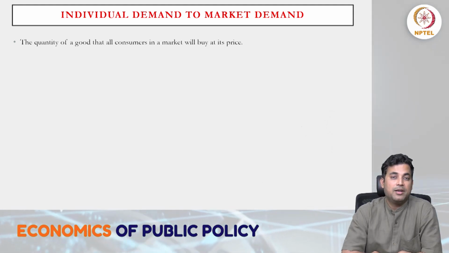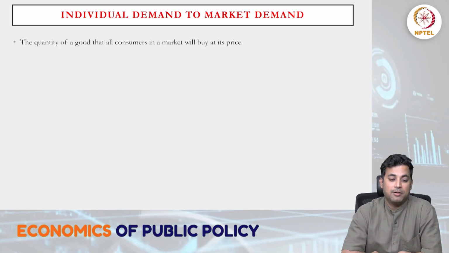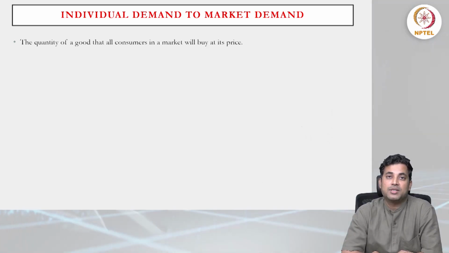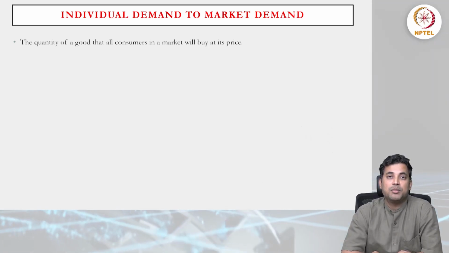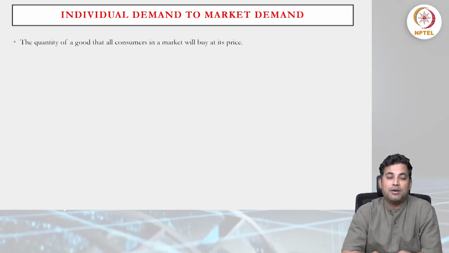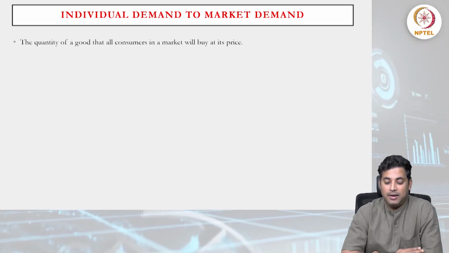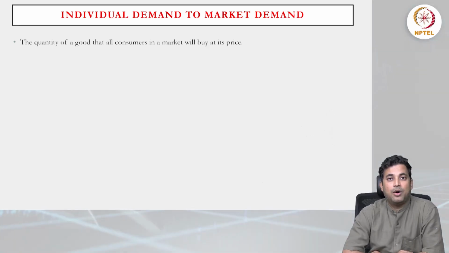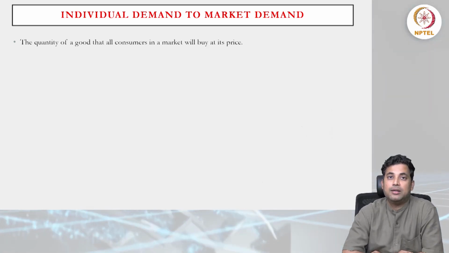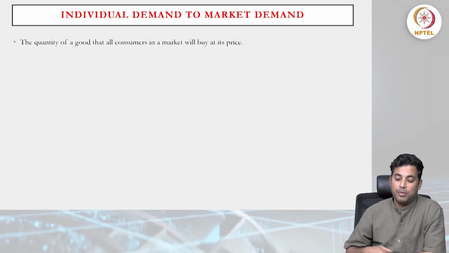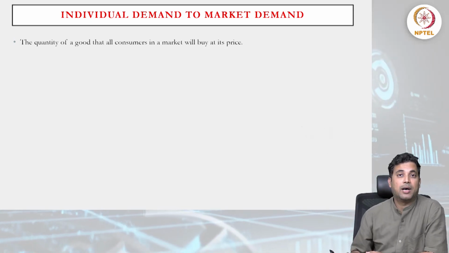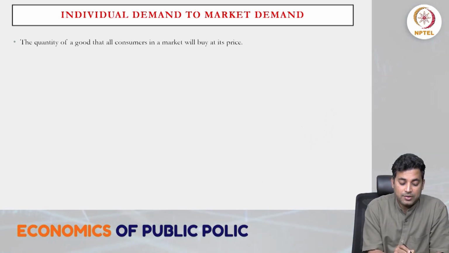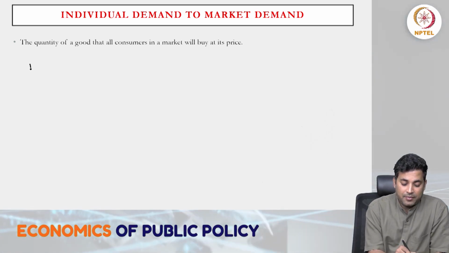We have already discussed the individual demand curve, and if we assume that n number of consumers are there in the market, then the summation of all the individual demand curves will be regarded as the market demand curve. In other words, the horizontal summation of all the individual demand curves will be considered as the market demand curve. So now let us see how it looks.